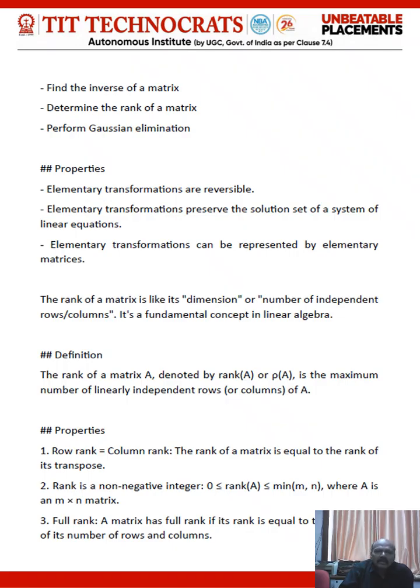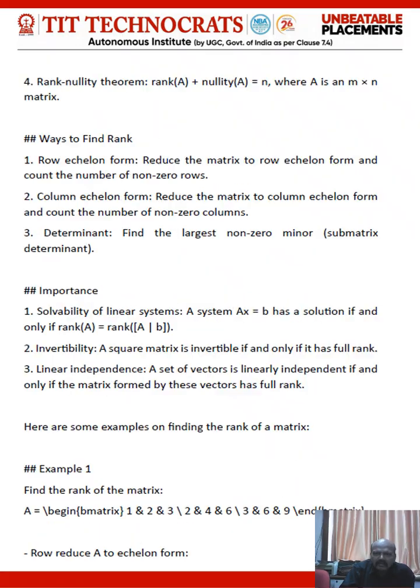Suppose the rank of a matrix is 3 and the order of the matrix is 2, and we want to find the nullity, then the nullity will be equal to -1. So in this way we can find nullity, and we do not write -1, we make it +1.